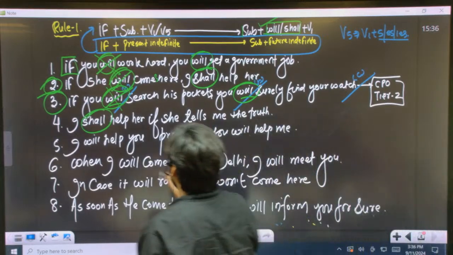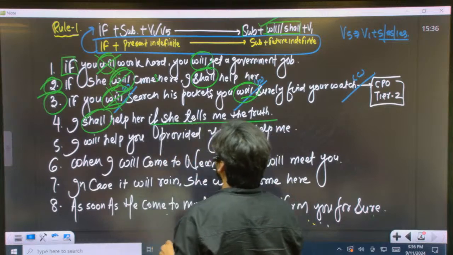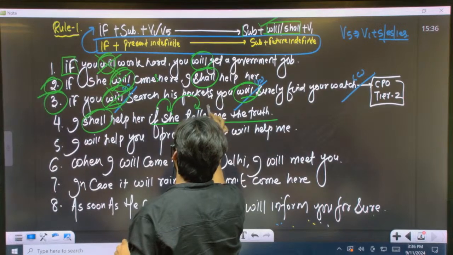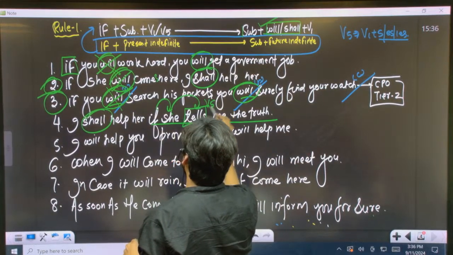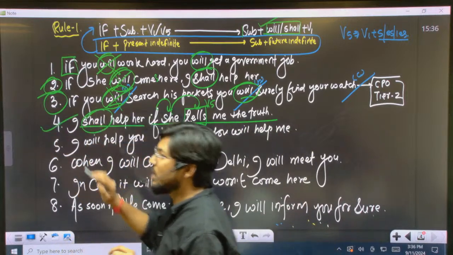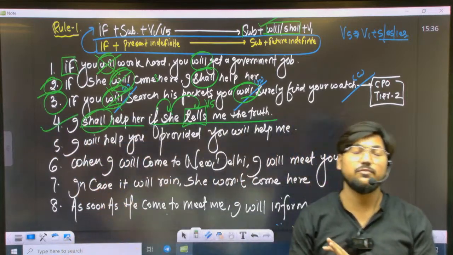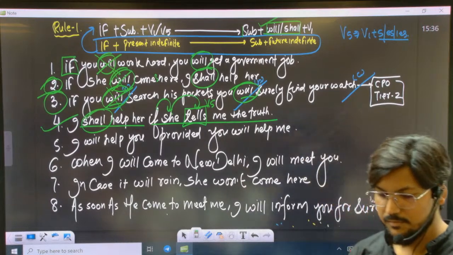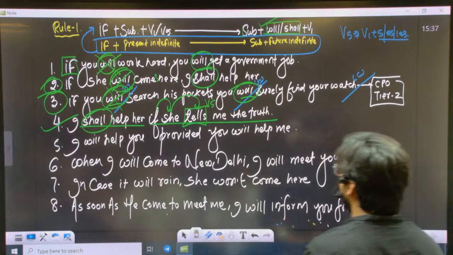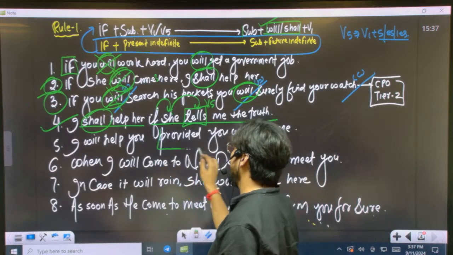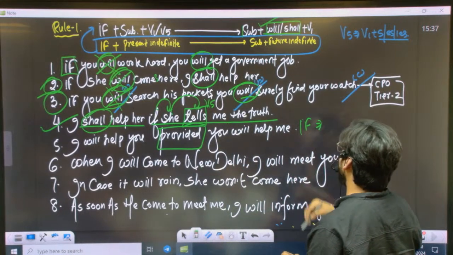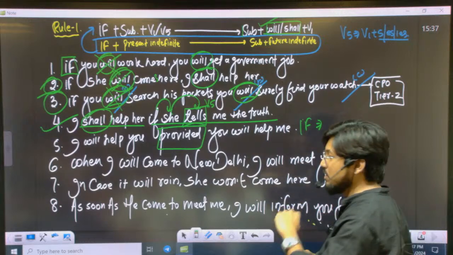Why? The if clause is here. If she is coming, whatever subject you use, it is V5, tells. We haven't used will or shall here. But in the main clause, you can use will or shall. I will help you provided you will help me. Now come to this point of view. What has been written here? You will see alternatives of if.